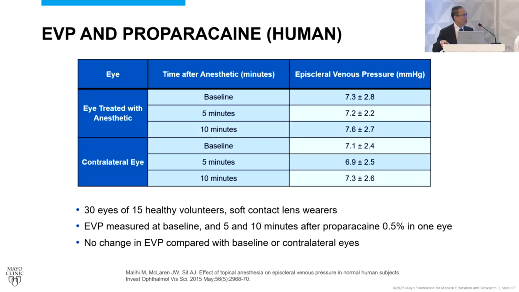We tried to replicate this in humans and took a group of healthy volunteers, soft contact lens wearers, so that we could measure their EVP with and without anesthetic, and they're used to having things touching their eyes. We found that application of proparacaine did not change EVP. That was a little bit different than rabbits, but of course in humans we don't take down the conjunctiva before applying the topical anesthetic.